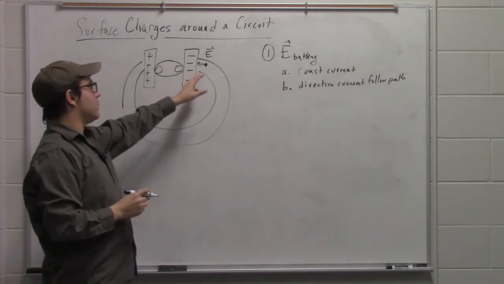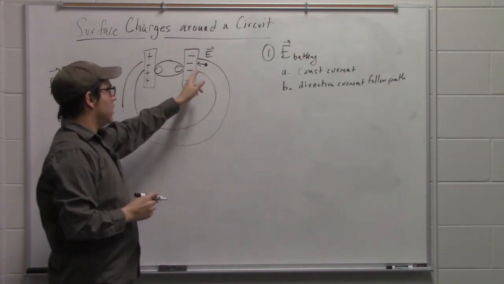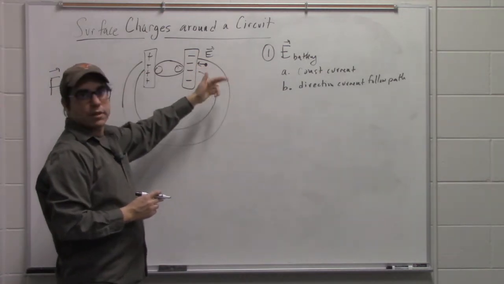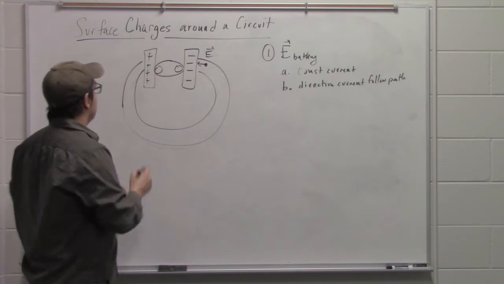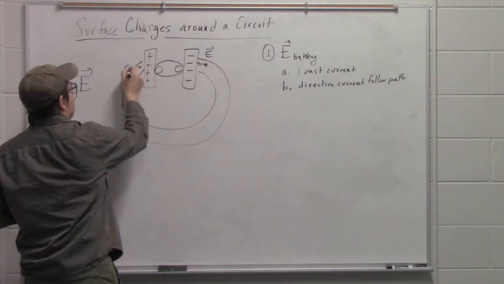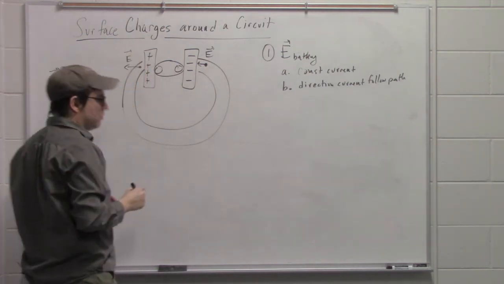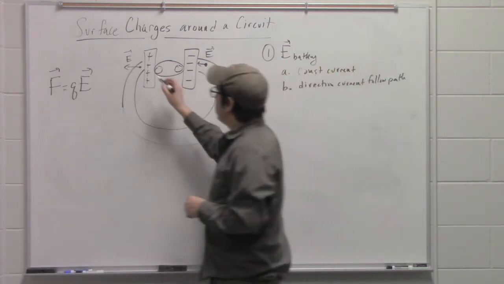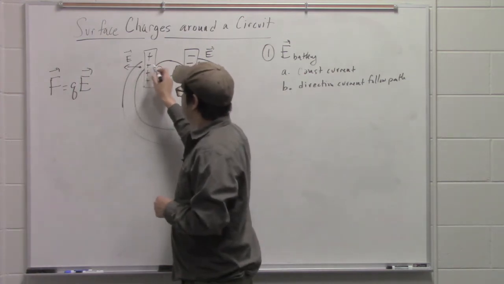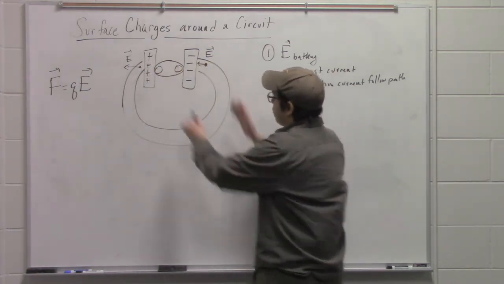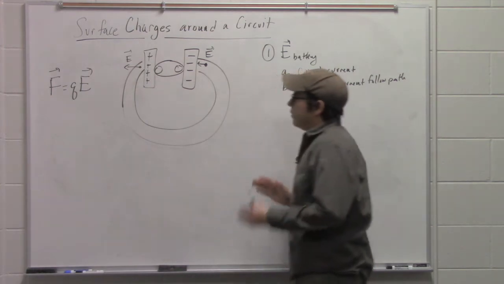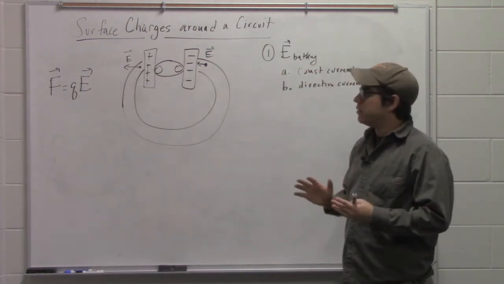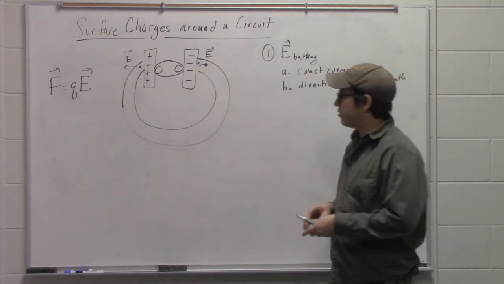Because roughly what will happen is there's going to be a force that points backwards, which would drive charges away from the negative plate. That makes sense. On this side, this electric field is going to point also to the left. That's also not so bad because the force that we would expect is going to actually point towards the positive plate. And so at least near this region, the pushing that we're going to see on those electrons follows what we would expect, away from the negative plate and towards the positive plate.